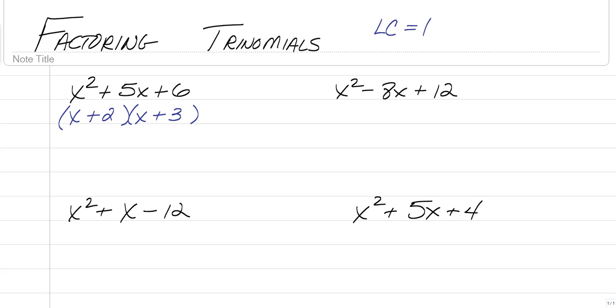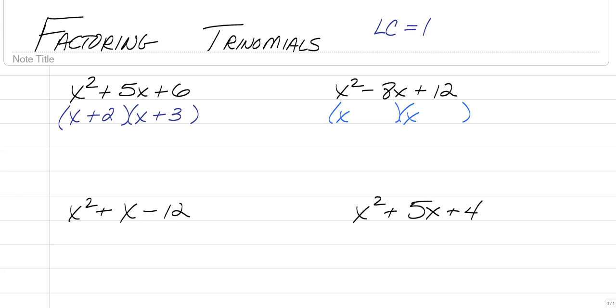And I'm sure if you're slick with a graphing calculator, you can use that to your advantage to help you find those numbers if you were having trouble thinking of them. Like this next one, for example. What are two numbers that will multiply to a positive 12 but add to a negative 8? So when you think about that, of course we're going to have our x and x, but what two will multiply to a positive but add to a negative?